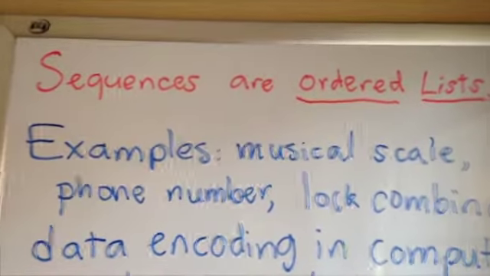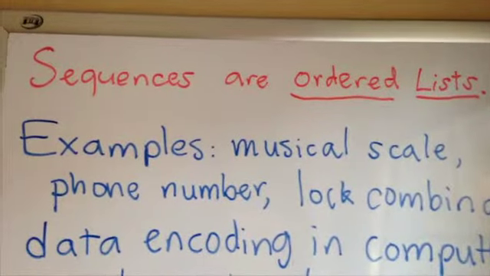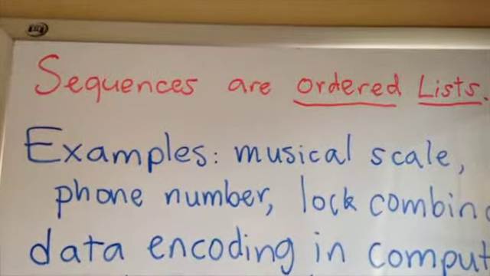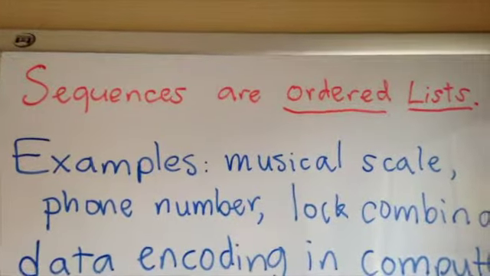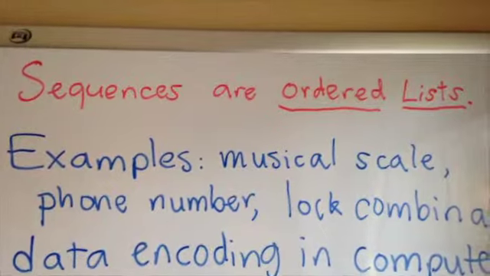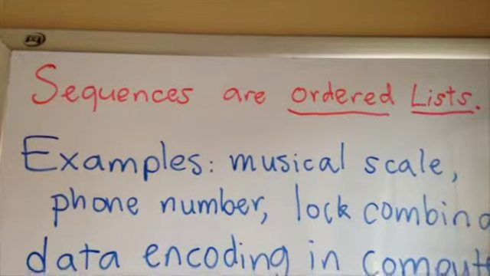Okay, that pretty much wraps up this video about sequences. This time we have just talked about the definition. Sequences are ordered lists. Each of those words, order and list, has a meaning, and I hope that that's clear by now.